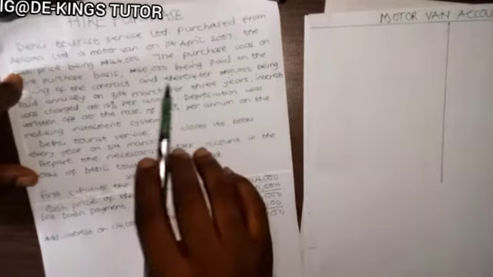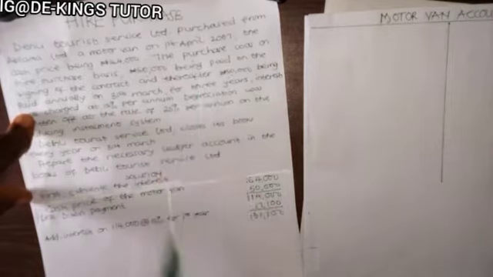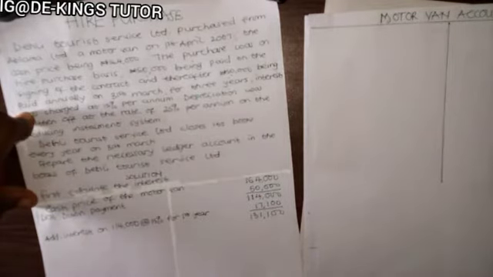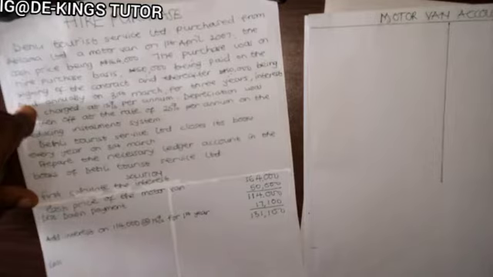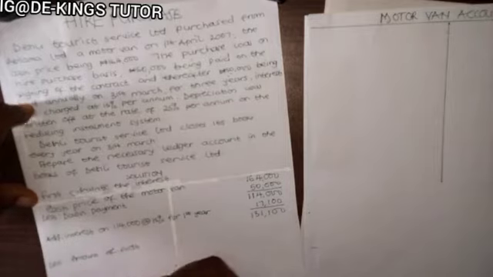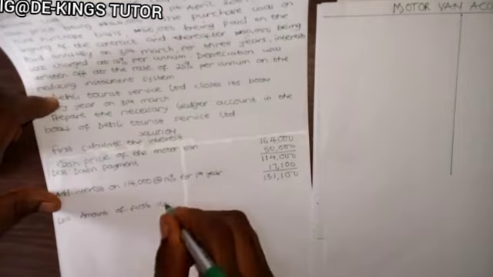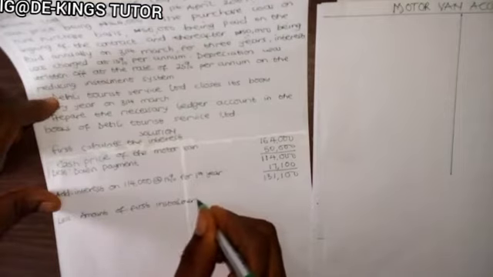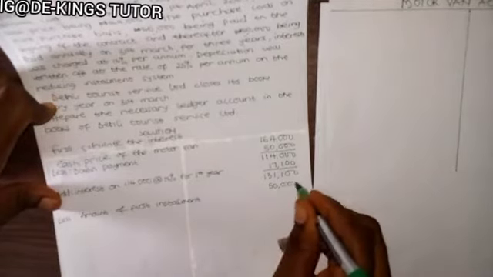Now they said he's going to pay 50,000 annually on 31st March for 3 years. So let's less the first installment amount, that's 50,000 naira.